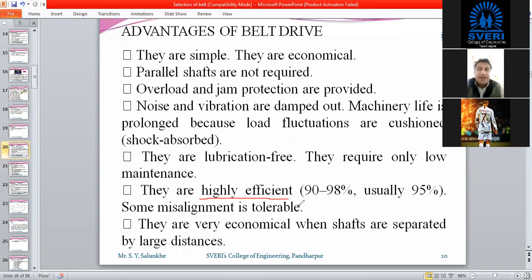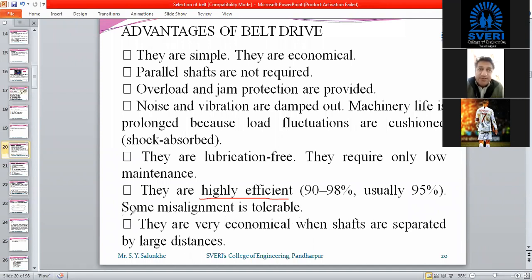We cannot say they are more efficient than gear drives. But if you look at the rest of their advantages, then we can say they are efficient. Up to 90 to 98% efficiency we can get in the case of these belt drives.